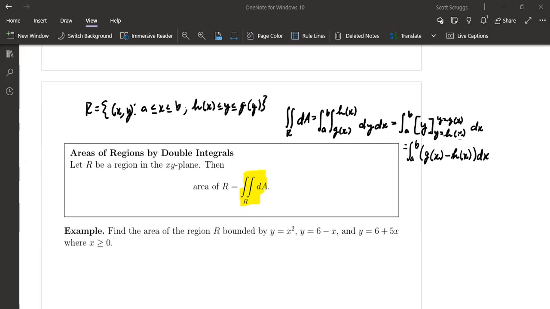This goes back to Calc 2, where we're taking the area of the region formed by two curves. So area between two curves.